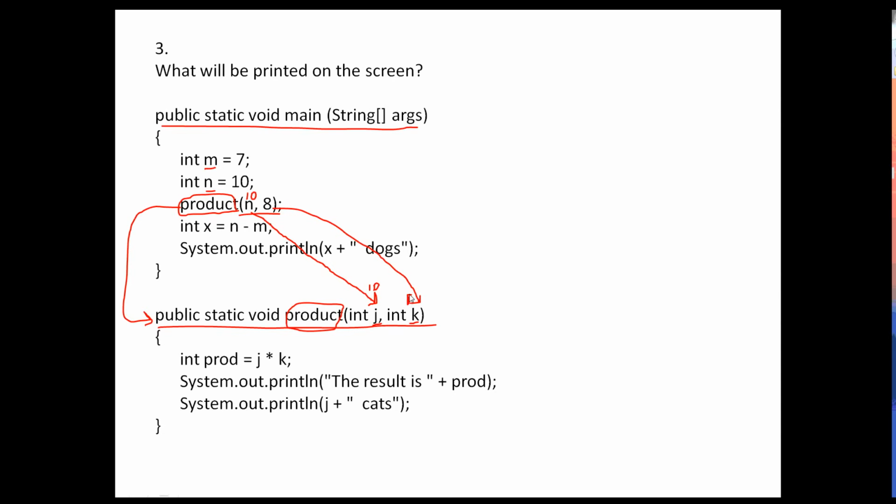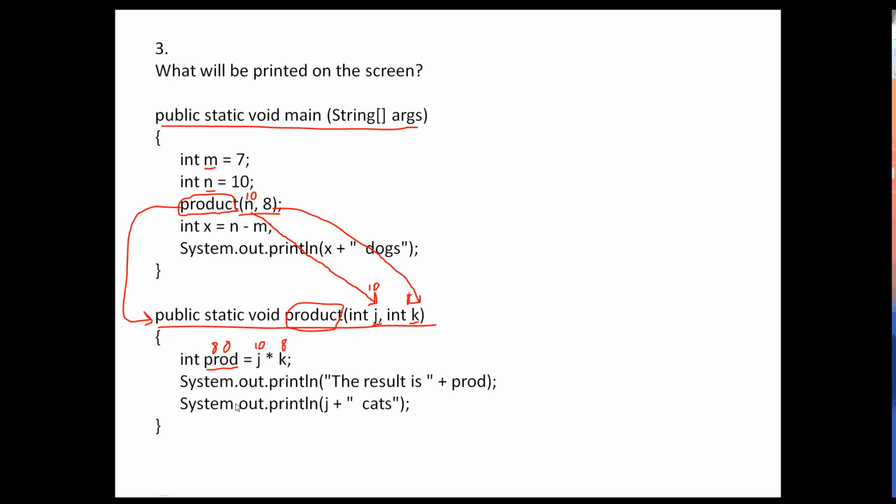Those are the values that it received from the method call. And then we continue on with the method now, and so prod is declared, and prod is assigned the calculation of j times k. So prod is assigned 80.